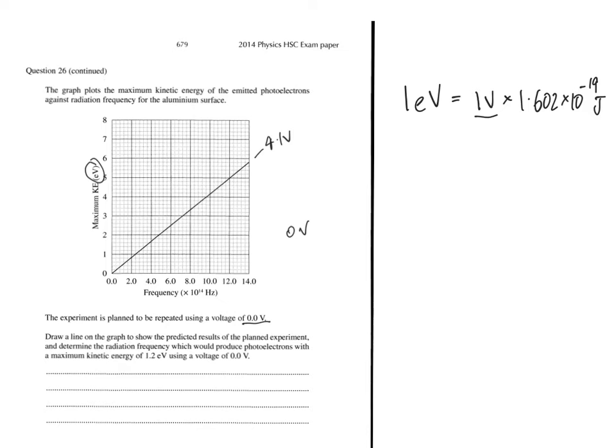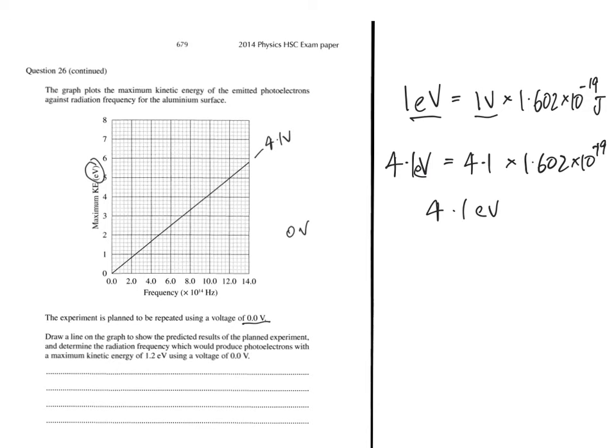So if you see electron volt around, in the case of ours, 4.1 volts equals 4.1 times the charge of an electron, and it gives you the energy of a volt. So here we've got 4.1 electron volts.